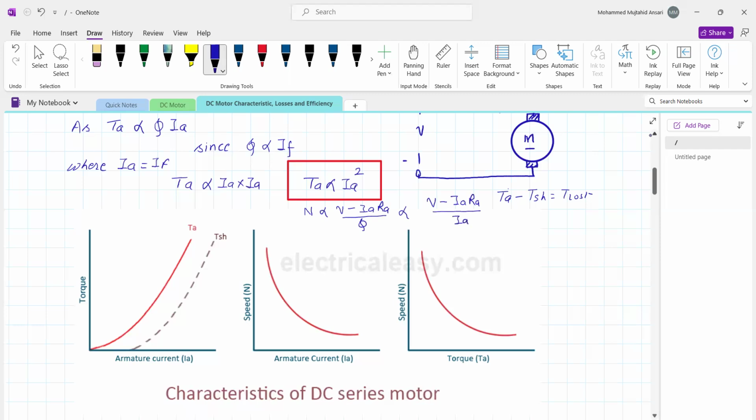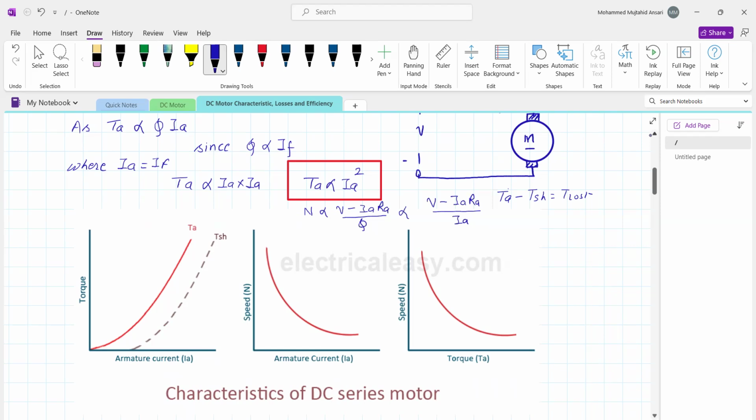Why is it armature current? Because flux is directly proportional to field current, and here armature current and field current are the same. So it is quite clear that the armature current is in the denominator. As the load increases, the armature current also increases, and hence the speed decreases.